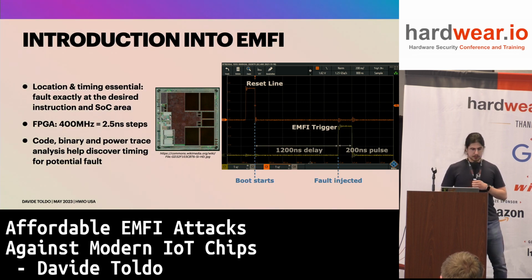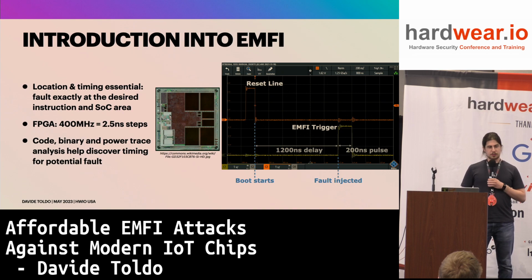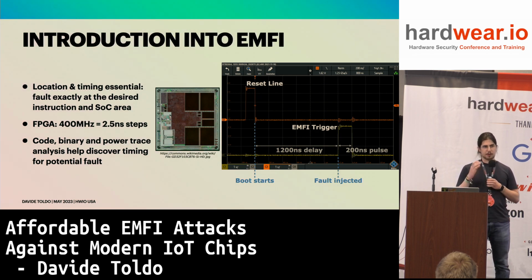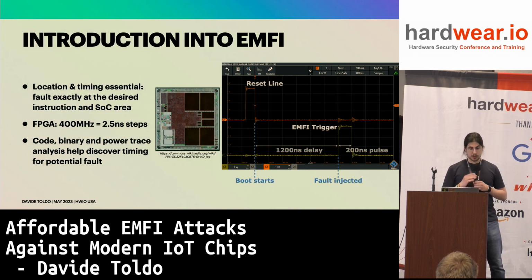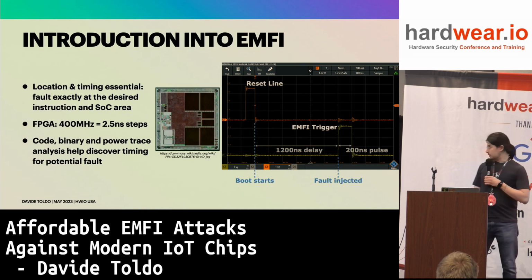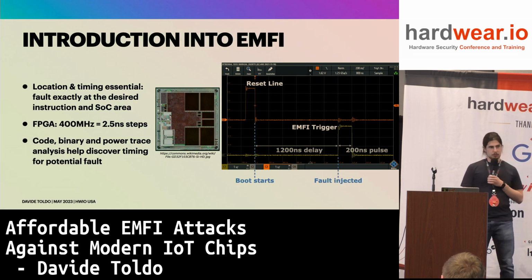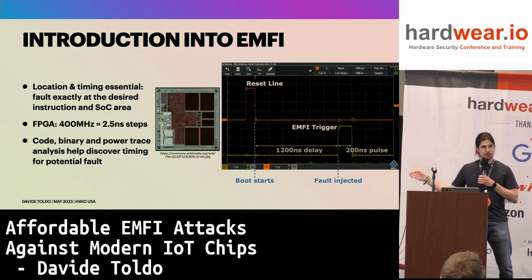To discover the timing for the fault, you need either to look at the code or binary, reverse engineer the binary. You can also use power traces and see where the code is happening that you want to glitch, or when it is happening. Here you can also see an example where we have a reset line, we take that as an input.